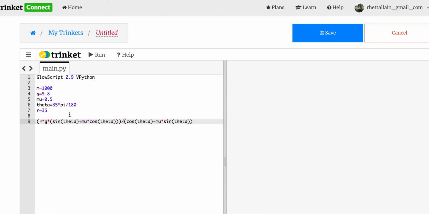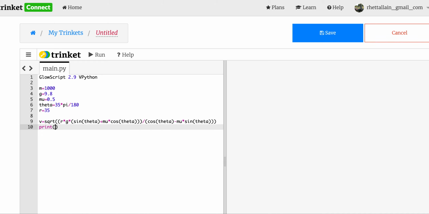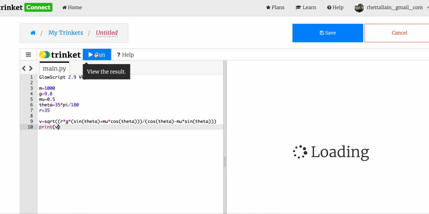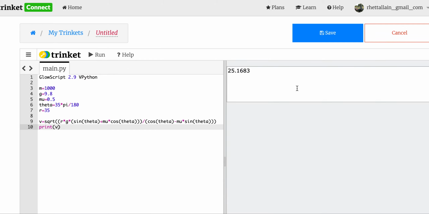I think that's right. Okay, I think I got it. So now I just need to take the square root of all this stuff. So say v equals square root of this. Okay. Let's just see if it works. Okay, 25. So I think it works.